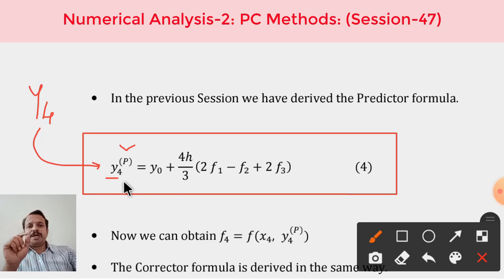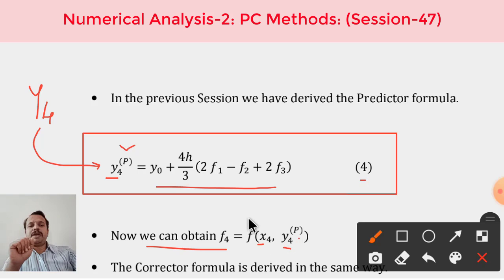So this predicted value, if we get from this formula number 4, we can obtain the next thing, that is f4, because we will have x4, the point at which the value of y is to be obtained, given to us in the beginning itself, and we have computed y4p.